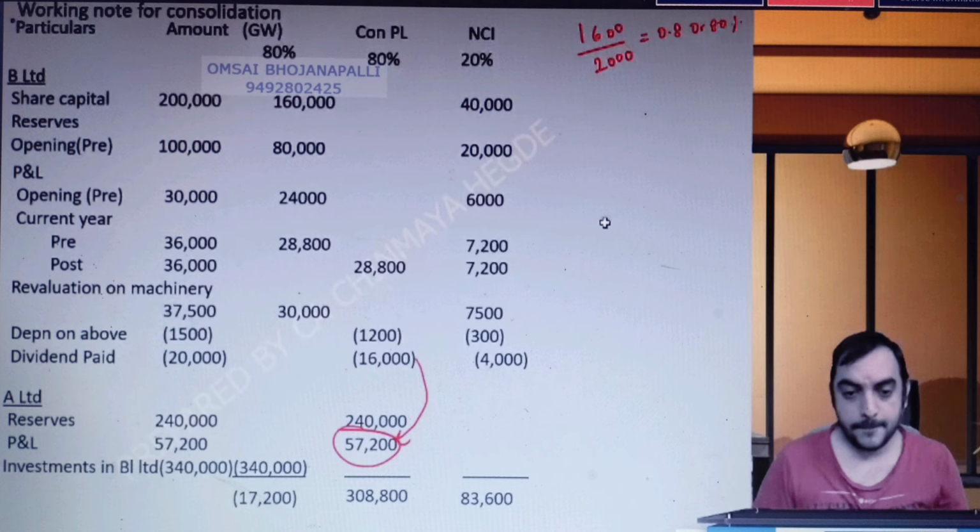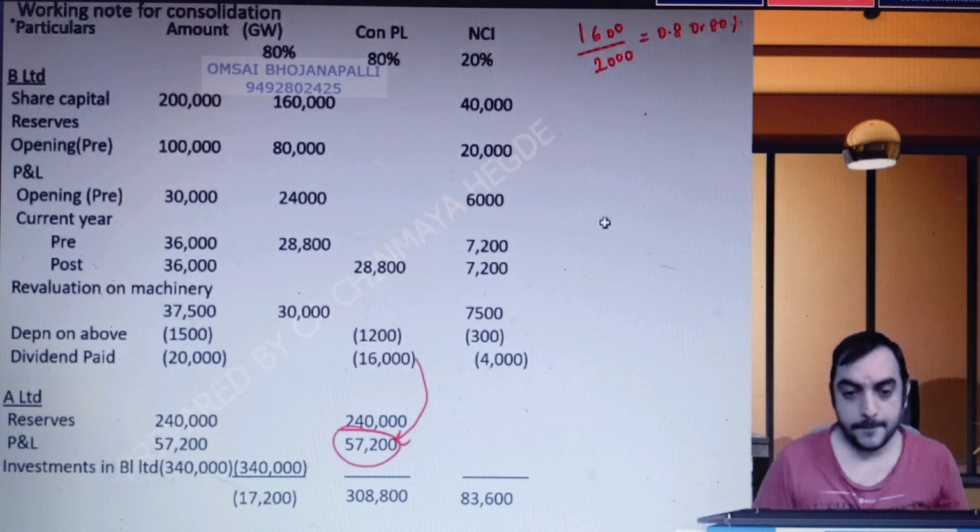Let's use that information. Okay, so reserves opening balance is given as 1 lakh, no adjustments. Closing balance also 1 lakh, so current year 0. Technically we should divide this up to 1st of July and after 1st of July. Don't get confused: 1st of July is the date of acquisition. Up to the date of acquisition, and after 1st of July, we need to allocate, but it is 0, so nothing to allocate. Let's leave it at that.